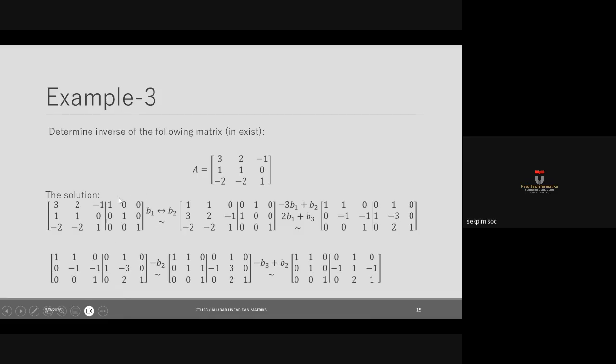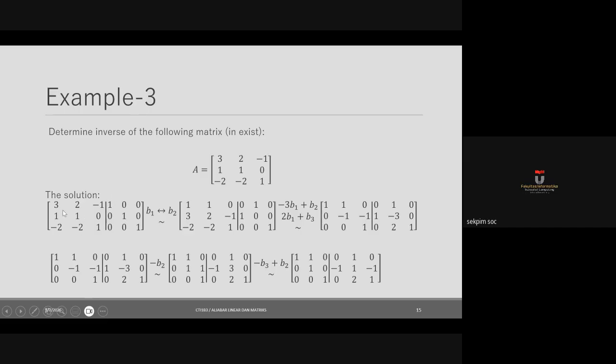Our goal is to make the left hand side the identity with several elementary row operations, and of course that operation also changes the right hand side matrix, and at the end, after you get identity on the left hand side, the right hand side is just the inverse of the given matrix. So suppose that we have this, right?